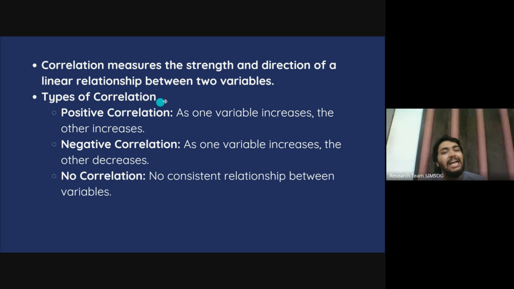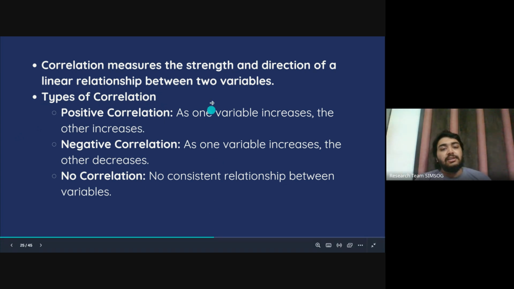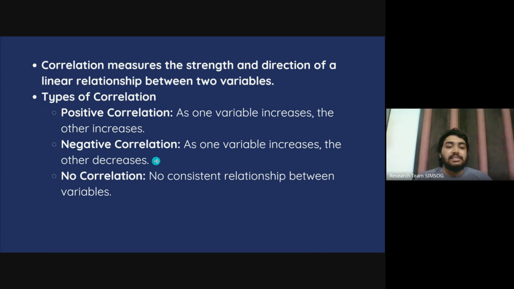That brings us to types of correlation. A correlation could be positive, when one variable increases and the other also increases. Whereas if one variable is increasing and the other is decreasing, it is called a negative correlation.